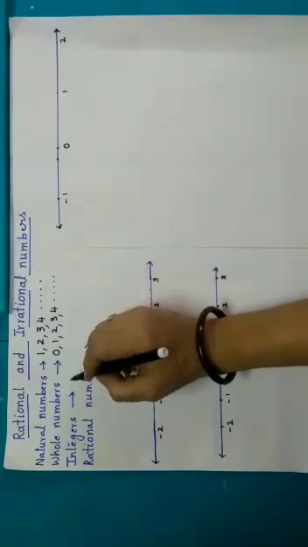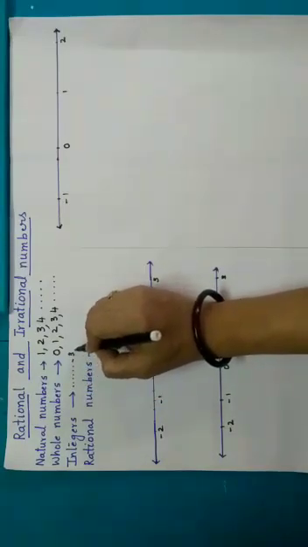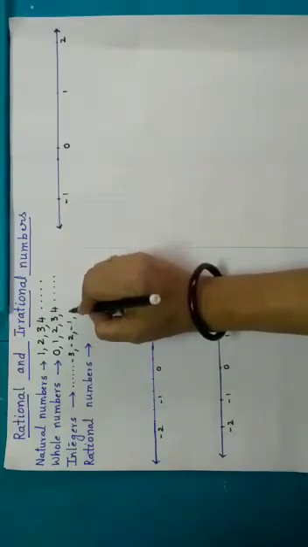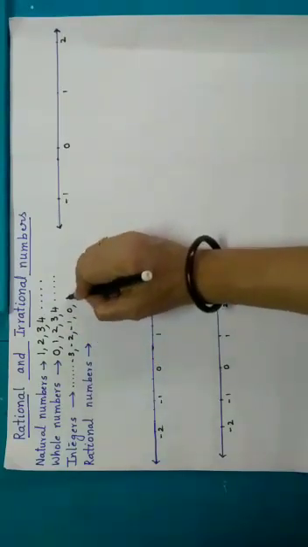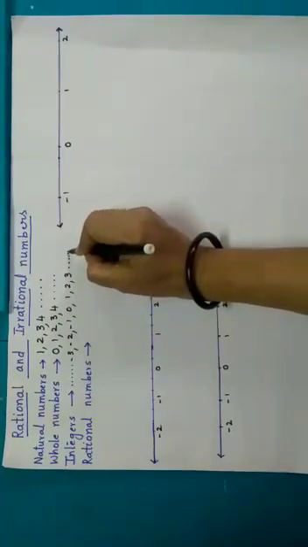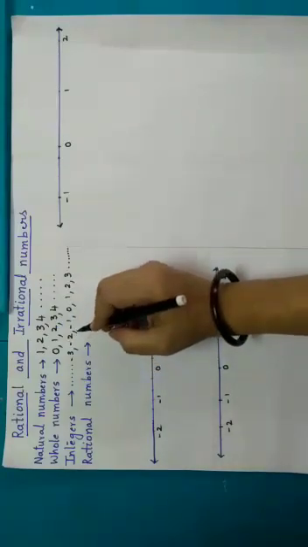What are integers? Dash dash, -3, -2, -1, 0, 1, 2, 3 and dash dash. These are all integers.